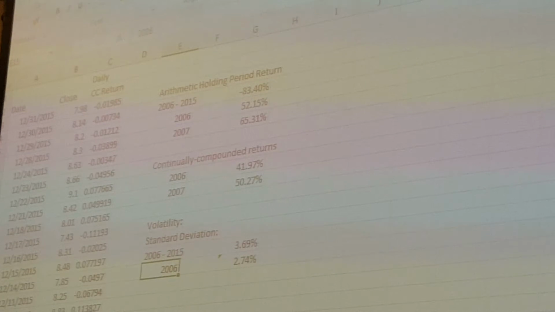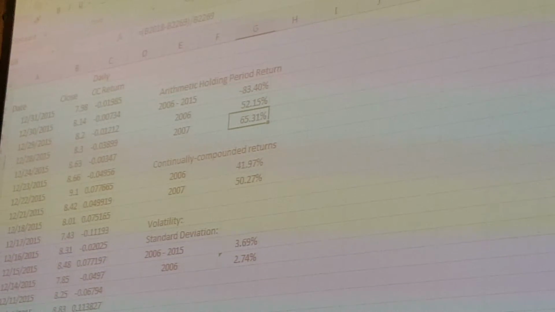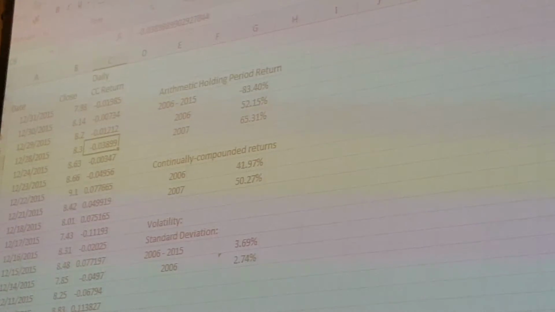Okay, so let's do it for 2007. For this one, we'll need 2269, I think, 2268 probably. Yeah, we'll do it for 2268 through the end of the year 2007.